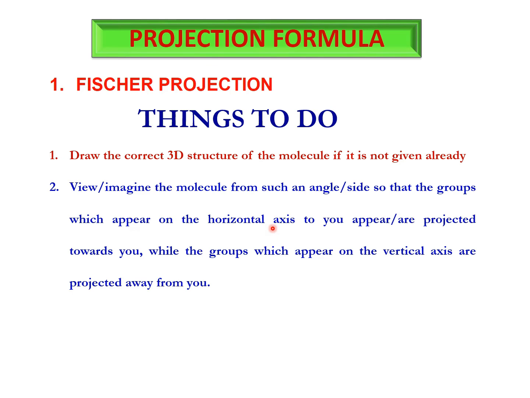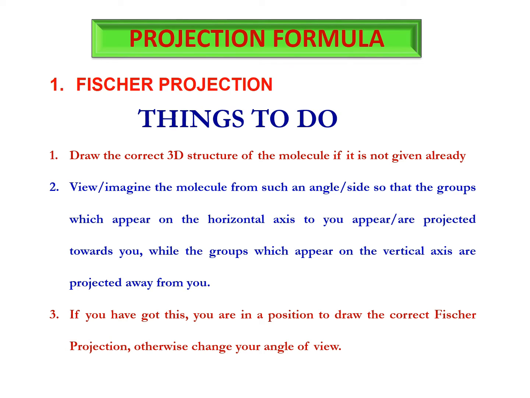So go back and check the last Fischer projection and apply this second point. If you have done this, then you are in a position to draw the correct Fischer projection. Otherwise, you change your angle. So this is all about Fischer projection.